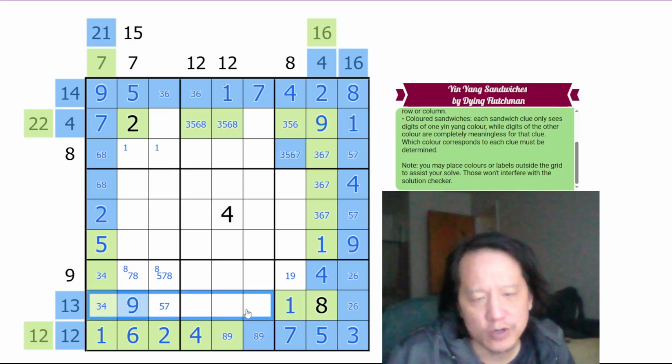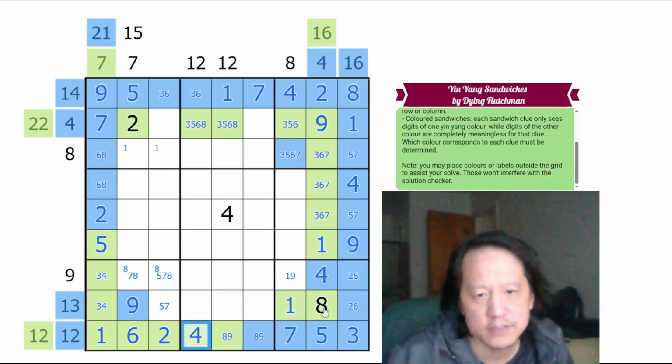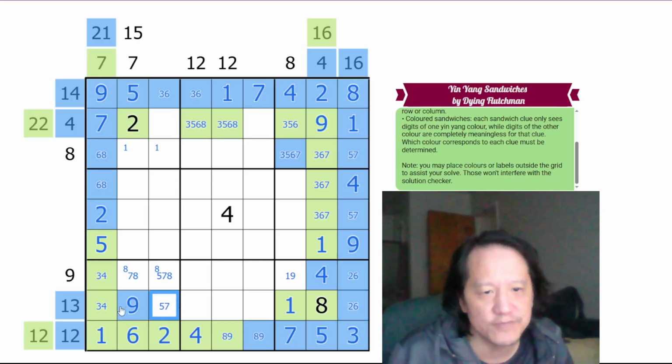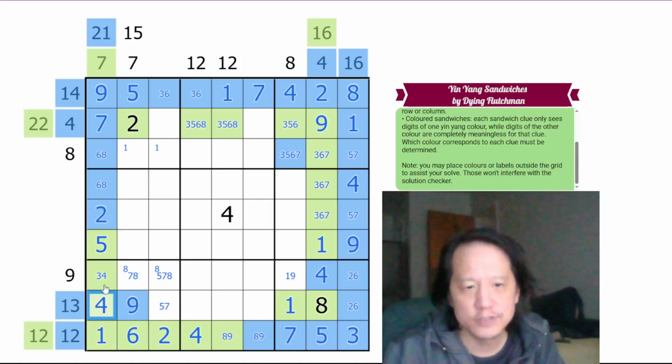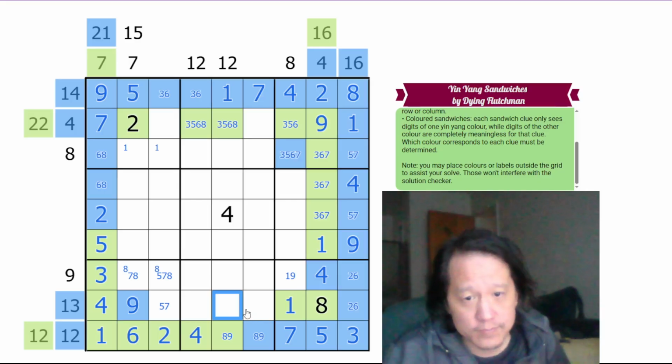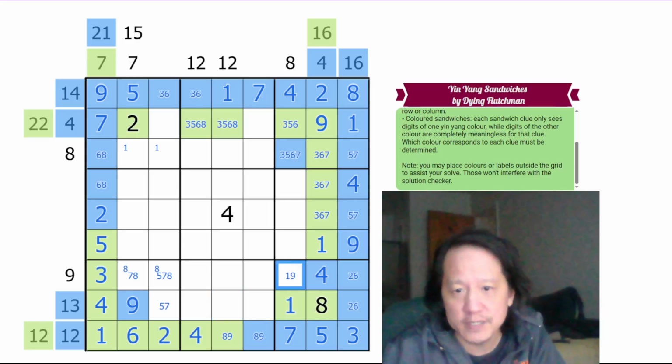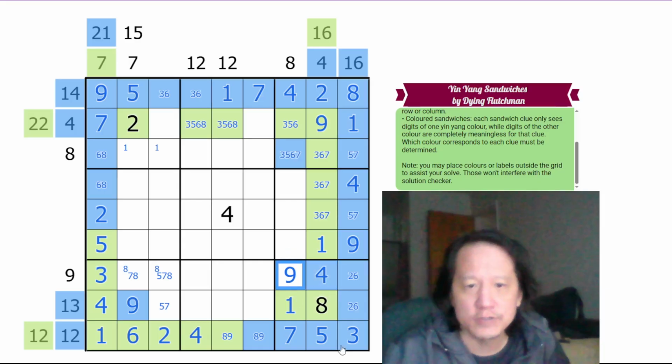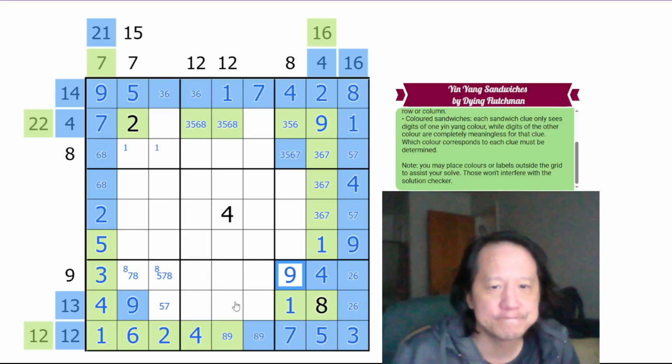Where's 4 in row 8? Can't be here because of 4 in the box here, and these are filled out. This can't be 4. This can't be 4 because of 3-4 pair in the box, so this must be 4 here. So this is 4, this is 3. This is 1, this must be 9. We don't know what color that is.